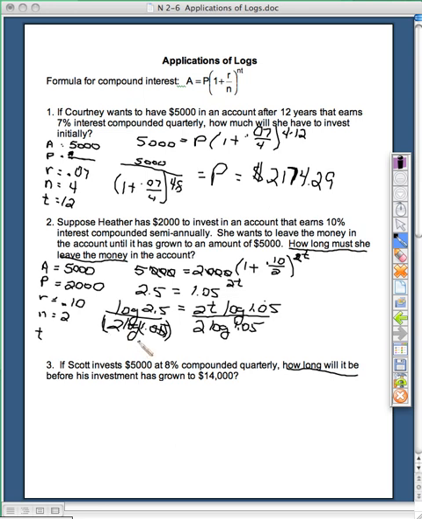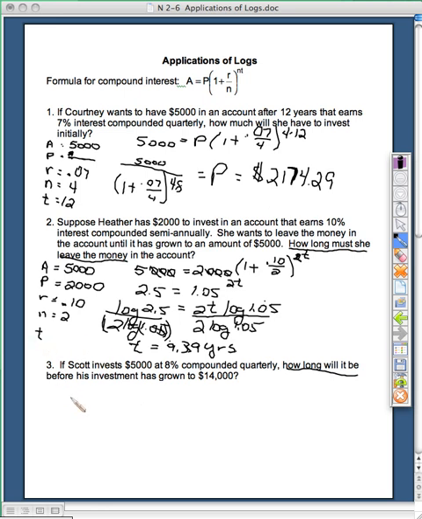So then we end up with t, when you do the calculation, t is equal to 9.39, if you want to make it years. So about 9.5 years for that money to grow from $2,000 to $5,000 at 10% interest compounded twice a year.